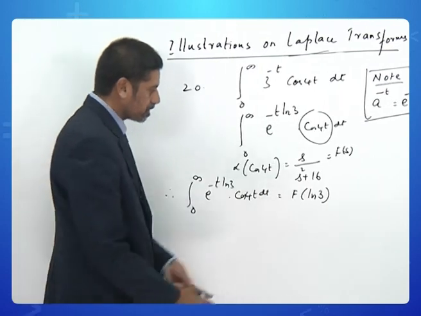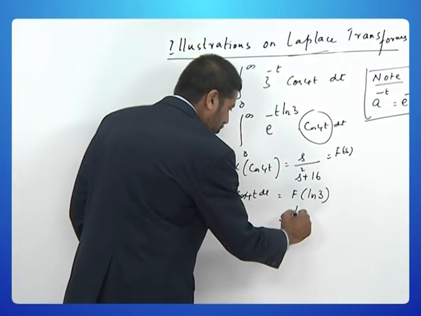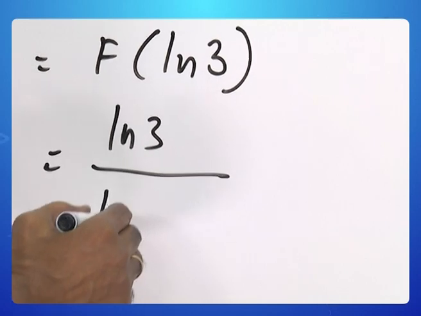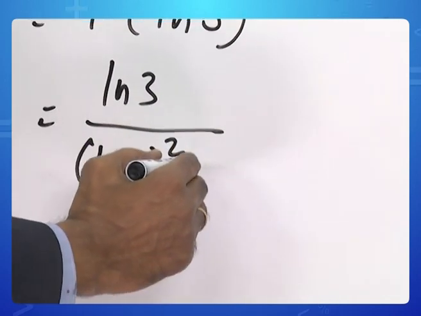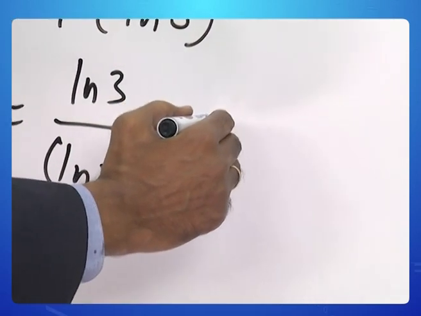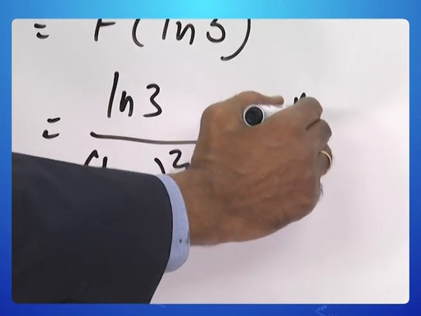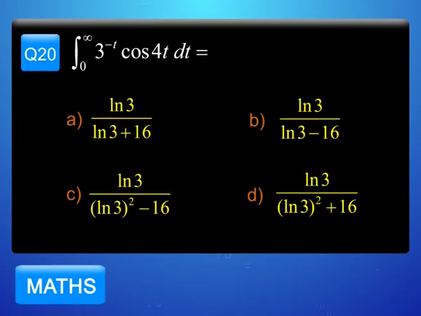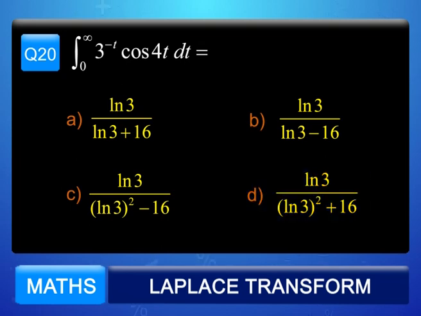So you have to just replace s with log 3. So log 3 by log 3 whole squared plus 16, and this is the answer. And the correct option for this problem is D.